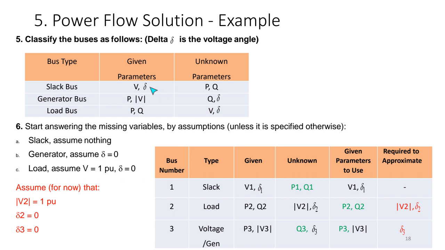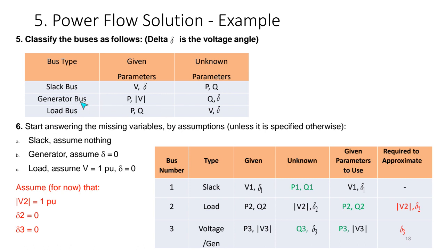There are only four parameters for every bus assumed in the power system network. For the slack bus, V and delta are given, but the parameters to be calculated are P and Q. It means we don't know the amount of real and reactive power the slack bus needs to generate in order to maintain the voltage regulation and the stability of the system.